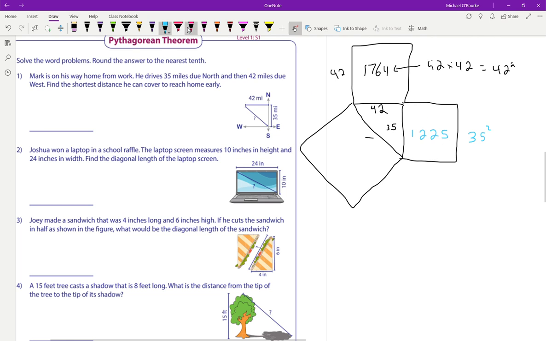And what number is that? And what's my number that's going to go in the big box now?